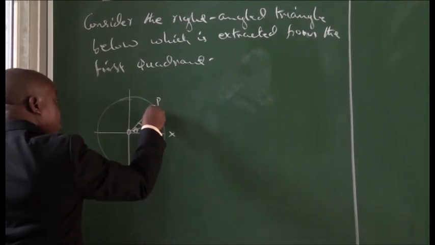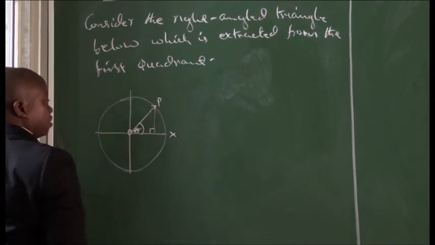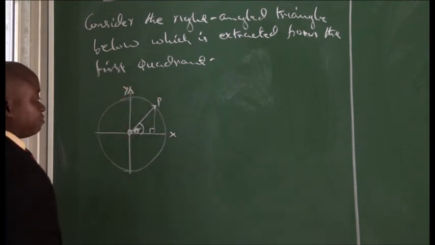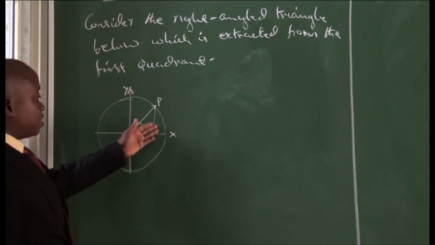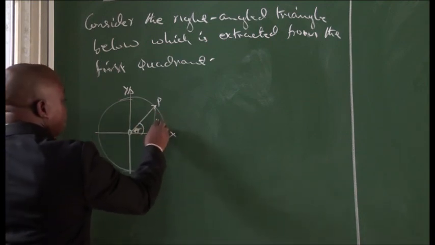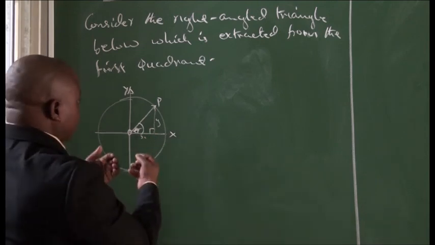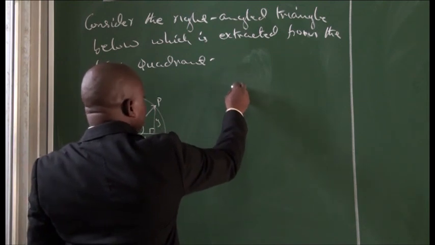Now, we'll also drop the projection. And we know that this is y-axis. So if this is y-axis, then this is also y-axis, and this is x-axis. So I want to extract out this right angle triangle. I will have something like this.